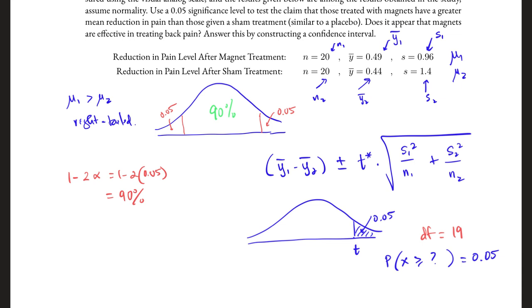In this case, both samples have the sample size of 20, so 20 minus 1 is 19. If one is smaller, we would use that smaller sample size, subtract 1 to get the degrees of freedom.